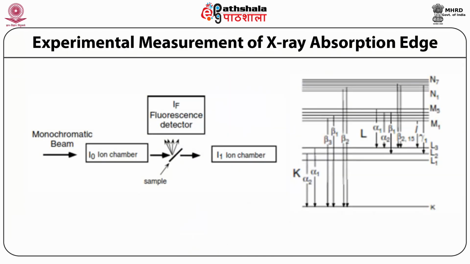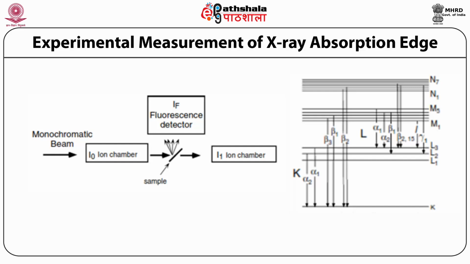Experimental measurement of the X-ray absorption edge. Here in the slide we have shown a diagram on the left-hand side where a monochromatic X-ray beam is incident on the sample. Monochromatic means it has a single, given wavelength, and we measure its intensity using an ionization chamber.